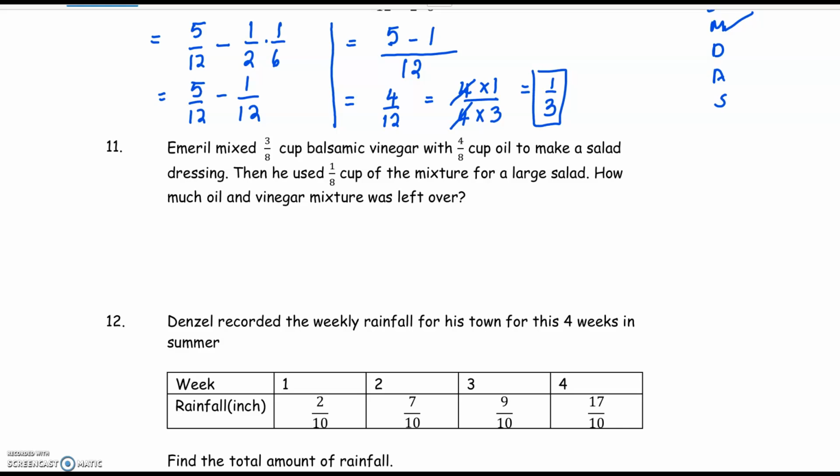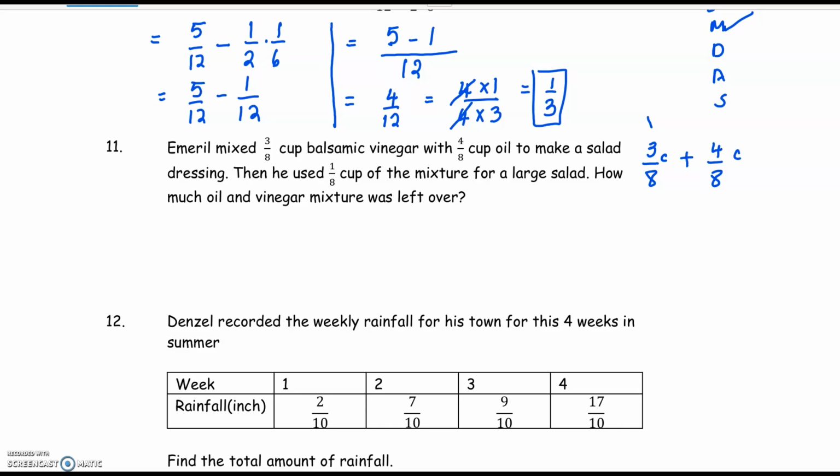We have 3/8 cup of vinegar and 4/8 cup of oil to make a salad dressing. So what is the total amount in cups of salad dressing? It's 3/8 cup plus 4/8 cup.